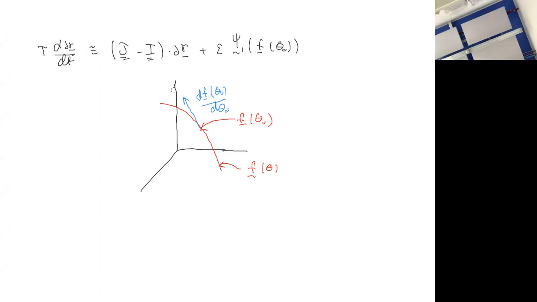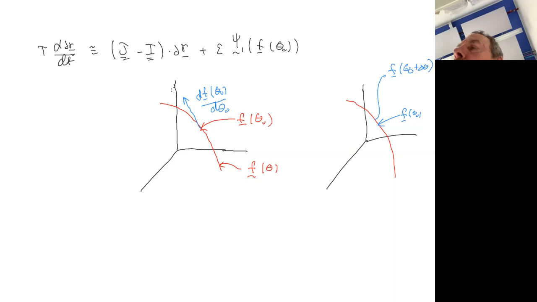I'm going to draw it over here. So here's our line attractor, and let's say this point here was f of theta naught, and this nearby point was f of theta naught plus delta theta.